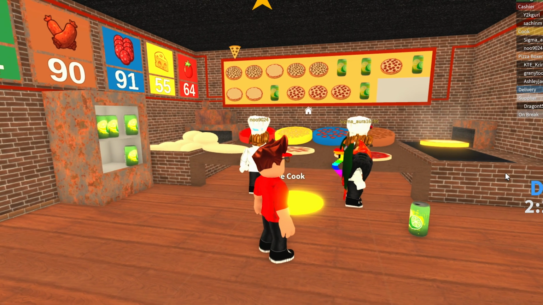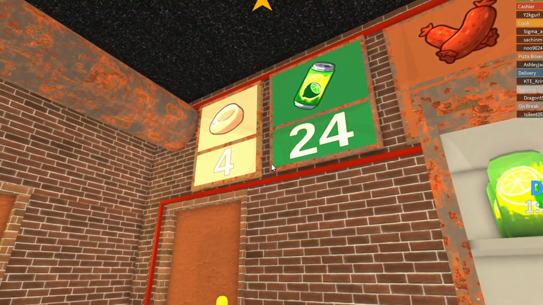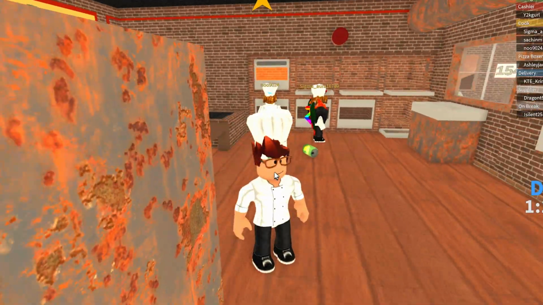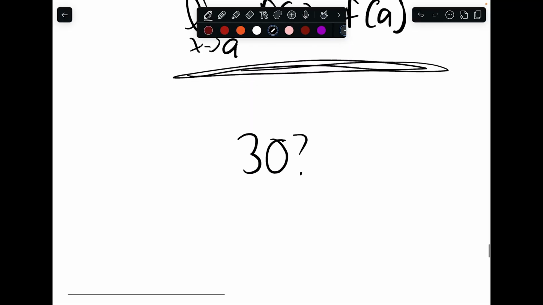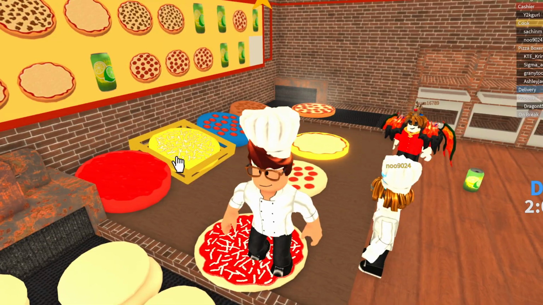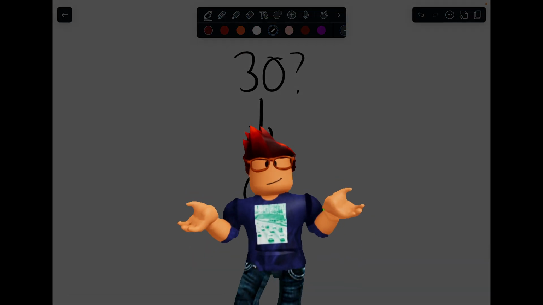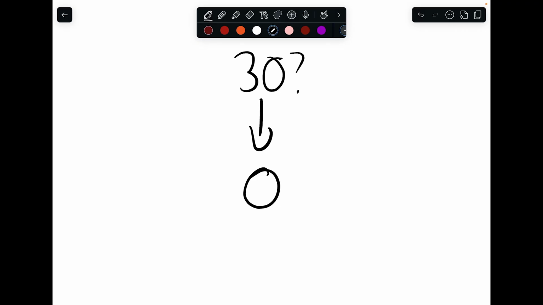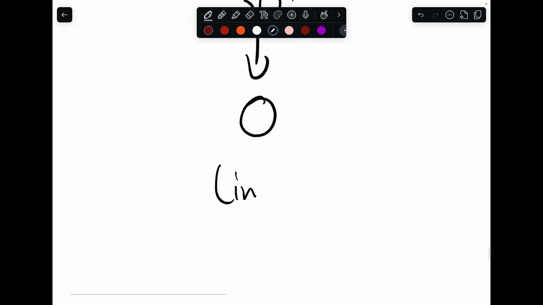Let's go to the kitchen at work at a pizza place. There's a certain amount of supplies that is given to you at the beginning of the day. Around 30, I guess. As the day goes, that amount decreases until it hits 0. You, wanting to find out what the amount of supply would approach at specific hours, decide to write a limit.